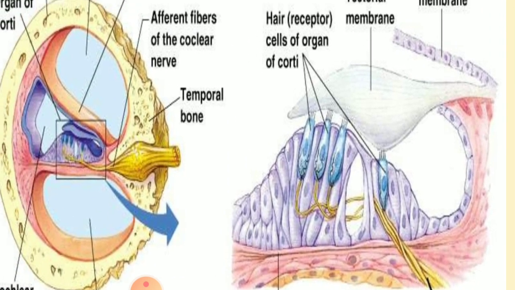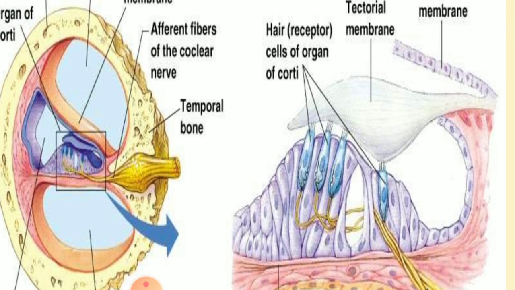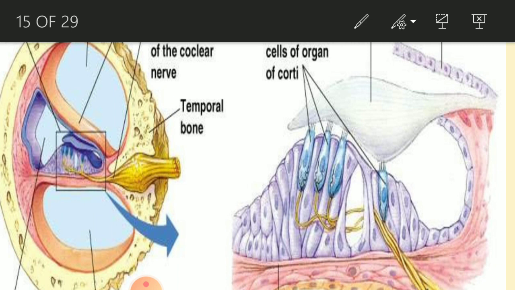Organ of Corti, which is situated on the basilar membrane in the scala media, is basically a combination of two distinct sets of hair cells. One is called outer hair cell, one is called inner hair cell.